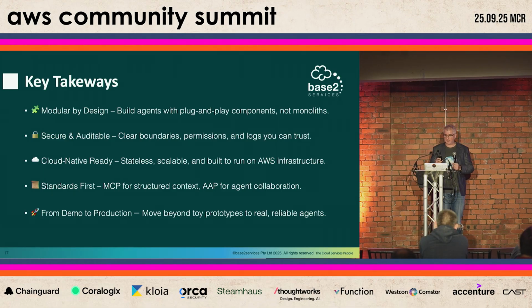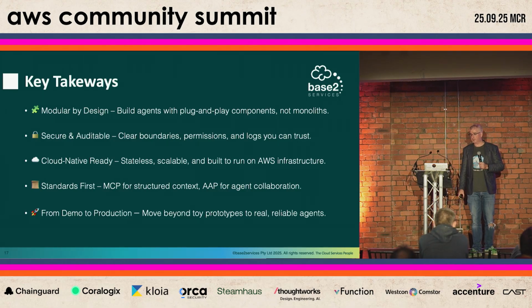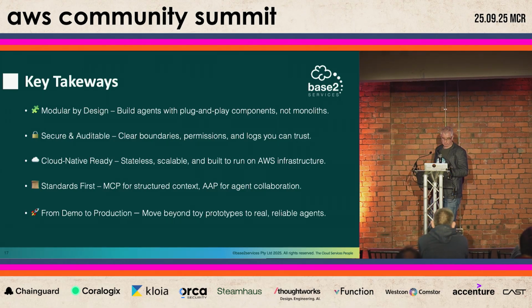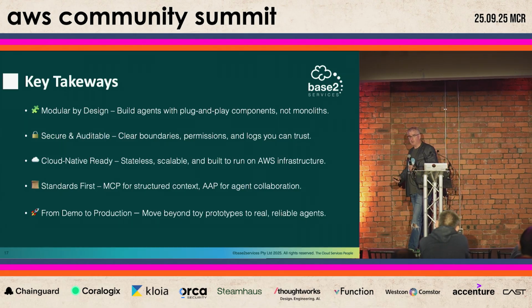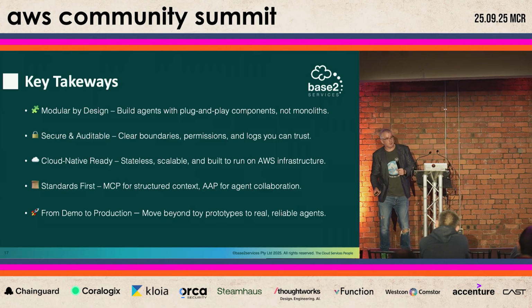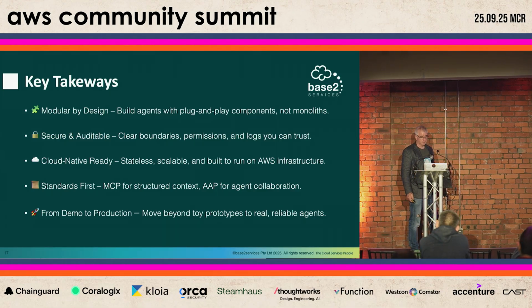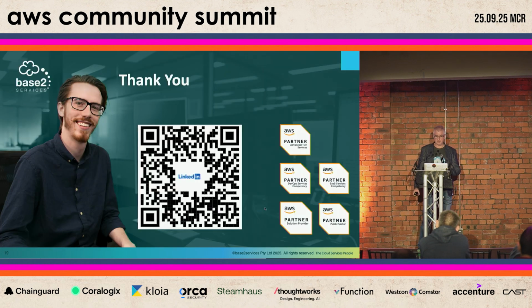Obviously being AWS, it's cloud native, but it's also standards first: MCP for providing context and agent-to-agent for collaboration. We're now running a whole heap of these in production on Agent Core. Agent Core is still in preview, but it's been super awesome. Thank you very much, and questions.